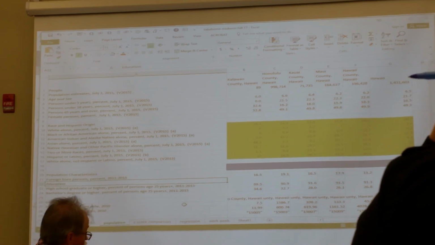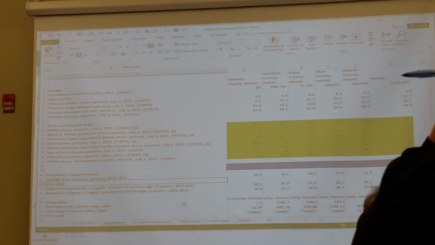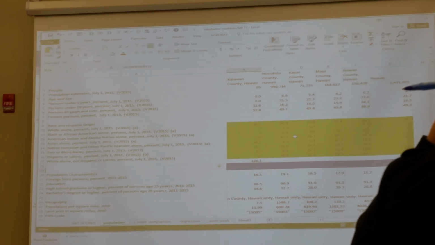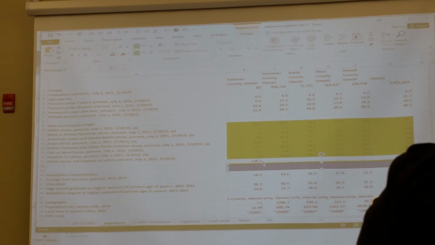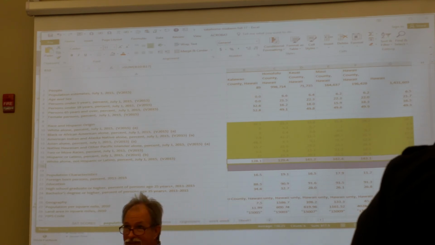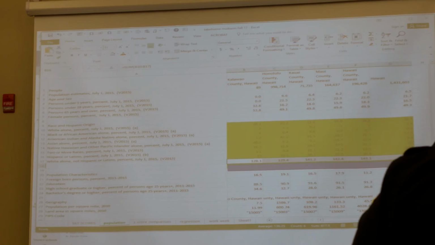If I add up these numbers, what do they add up to? 128. And if I run that all the way across, all of those add up to a little bit more than 100. So you got to be careful when you're looking at data.